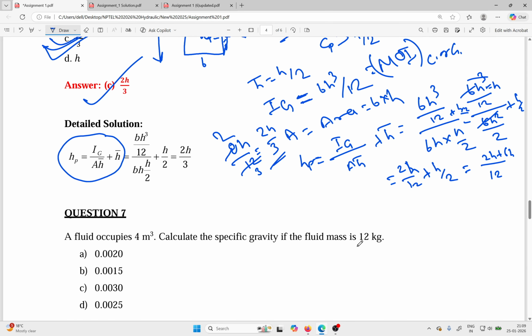I'll give you one question and discuss it in the next class. The question is similar. You have a rectangular and a triangular lamina. I'll give you two questions. One is like that, completely in water, and the depth is h.